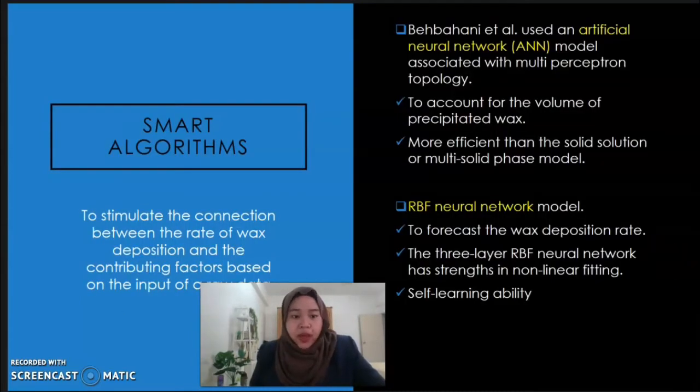Based on the factors regulating wax deposition, the RBF neural network model was used to forecast the wax deposition rate, knowing that the three-layer RBF neural network has strength in nonlinear fitting and self-learning ability.